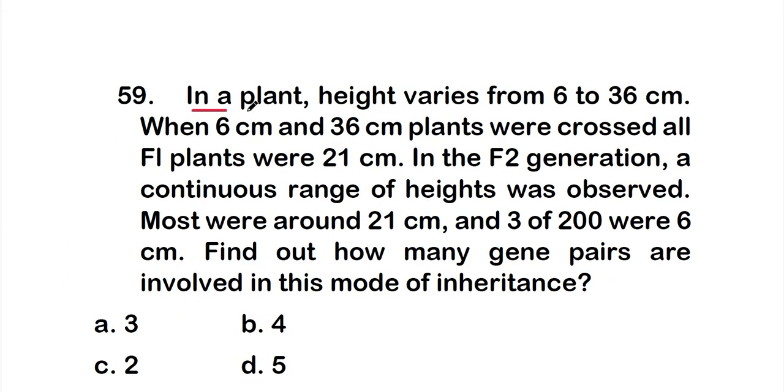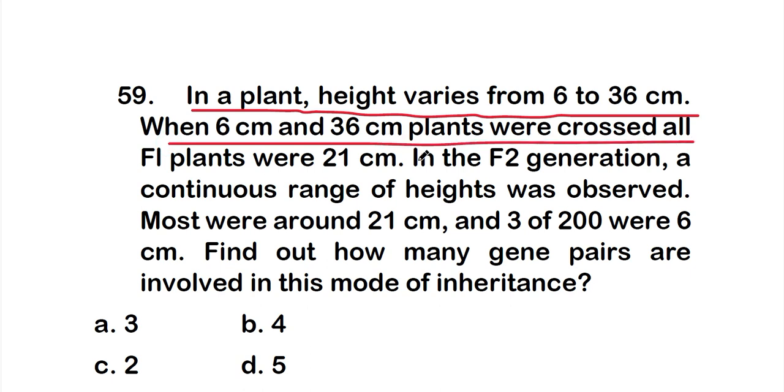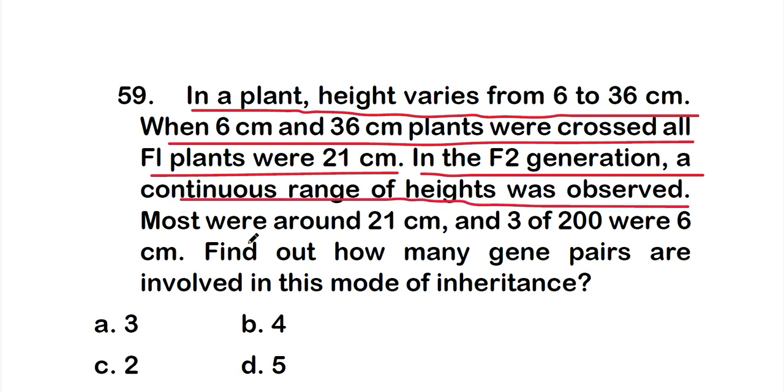In a plant, height varies from 6 to 36 centimeter. When 6 centimeter and 36 centimeter plants were crossed, all F1 plants were 21 centimeter. In the F2 generation, a continuous range of heights was observed. Most were around 21 centimeter, and three of 200 were 6 centimeter.